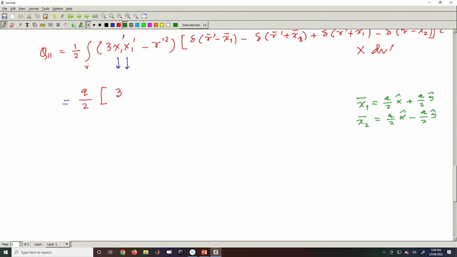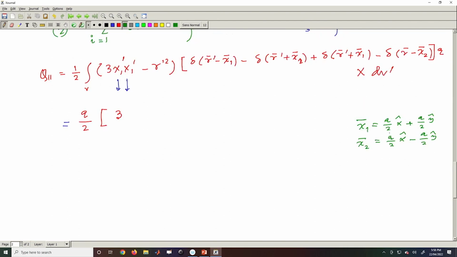Here I put only the chi 1 value: in place of x prime I have a by 2, in place of x 1 again a by 2, and in place of r I should have the mod square. What is chi 1 mod square?